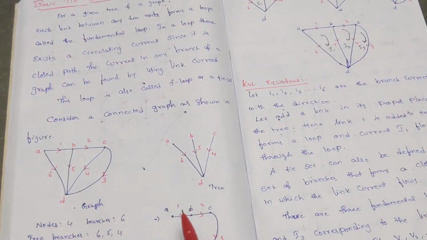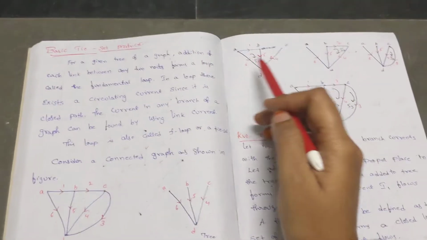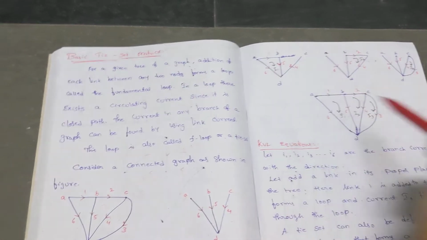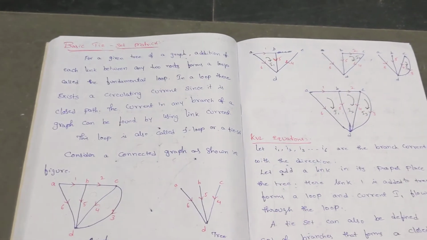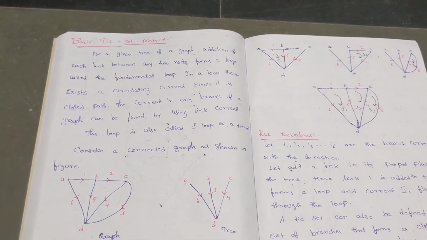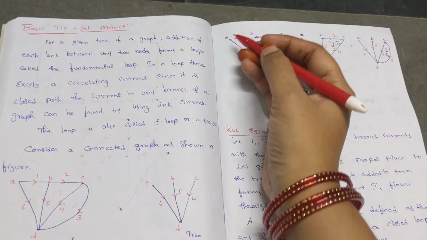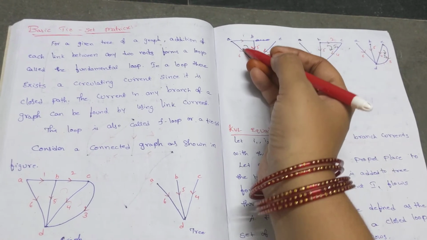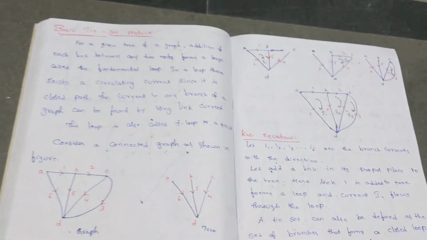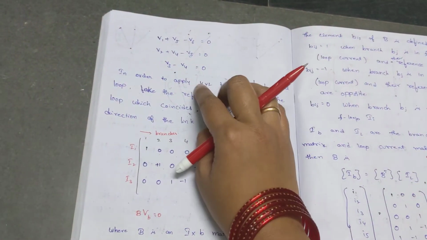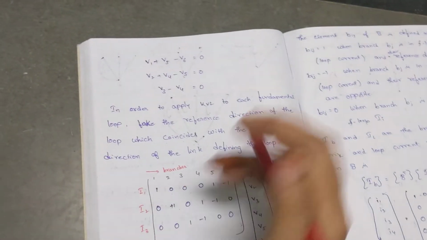That means here this is in this direction, so your link current and your loop current should coincide. It is not mandatory; it is just for simpler calculations, because I can say that whatever I1 is, the branch current is nothing but your loop current. We will see that also in the coming few minutes. So now I have written these KVL equations.